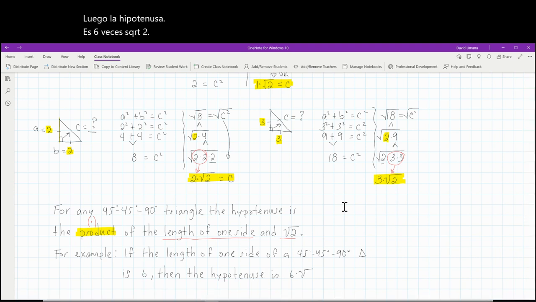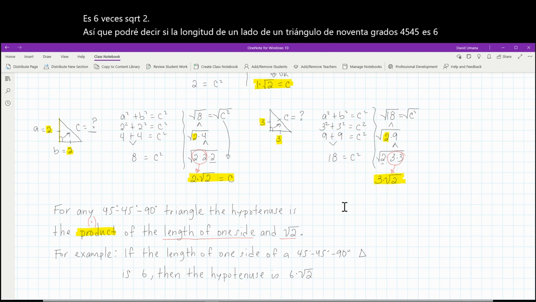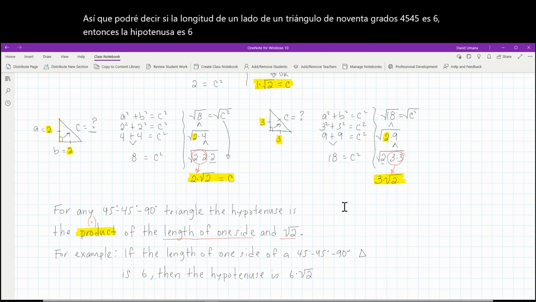Okay, so I'll be able to say if the length of one side of a 45, 45, 90-degree triangle is 6, then the hypotenuse is 6 square root of 2. And the picture would look something like this.